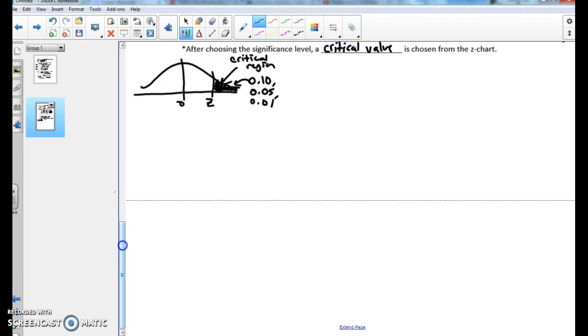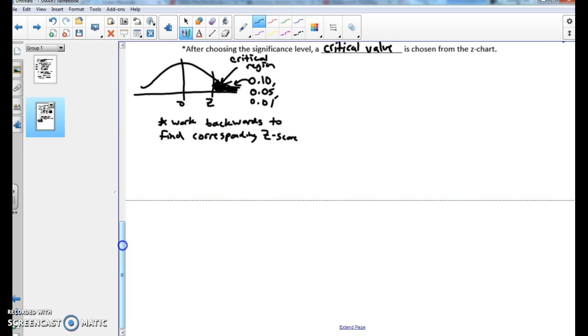And so since you are working backwards, since you know the 0.1, 0.05, or 0.01, that's going to be what this is here, that allows you to then work backwards to find your corresponding z-score. Okay?